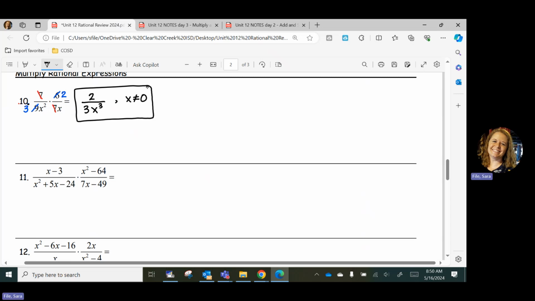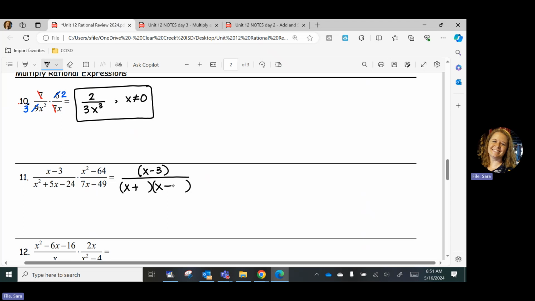X can still not be 0 because that's what would make that denominator 0. All right, let's factor to see if we can reduce. So factoring x minus 3, no factoring. But in that denominator, let's see if we can factor that quadratic, x squared, and then factors of -24 that add to 5. The fact that it multiplies to a negative tells me I've got to have one positive and one negative.